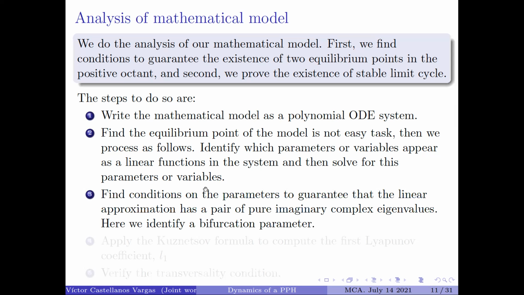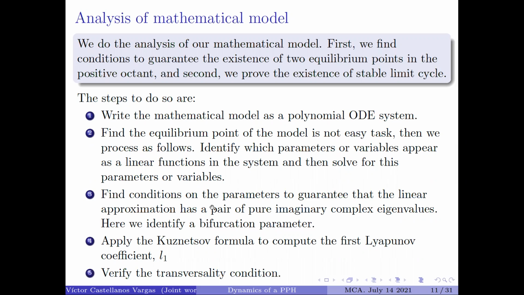Next, we find conditions on the parameters to guarantee that the linear approximation has a pair of pure imaginary complex eigenvalues. Here, at this step, we identify a bifurcation parameter. Next, we apply the Kuznetsov formula to compute the first Lyapunov coefficient, L1, and also we need to prove or verify the transversality condition.